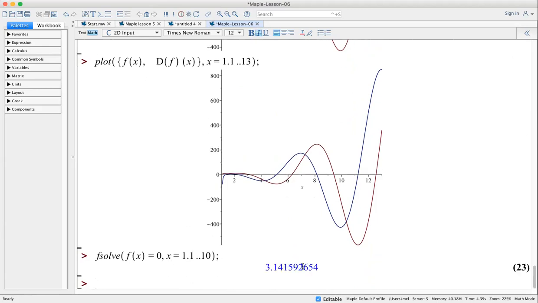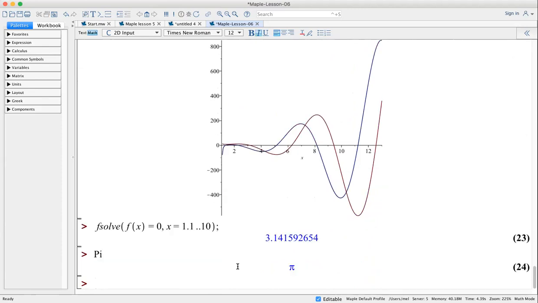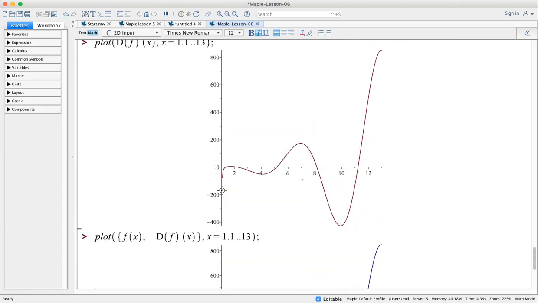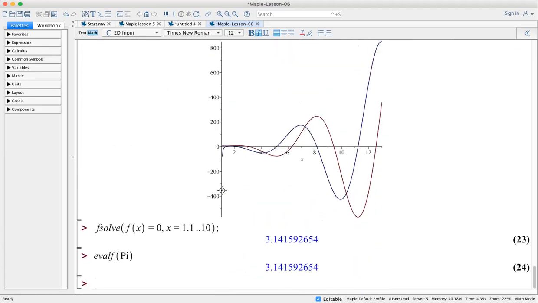What is that number, by the way? The area of a circle of radius 1 is pi, spelled with a capital P. And if I want to evaluate pi as a decimal, that's the command. That's what it is. So this function f of x is 0 at pi.